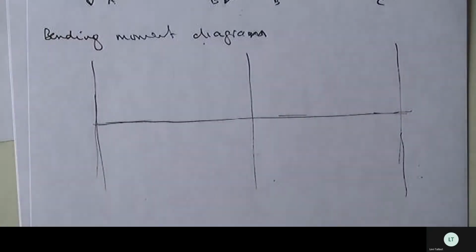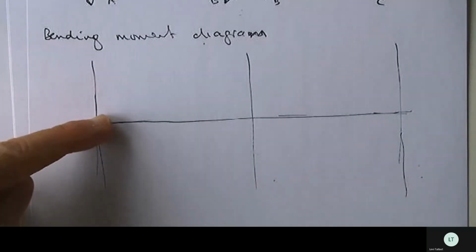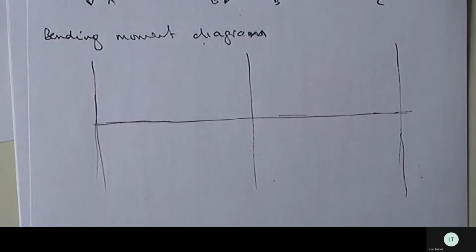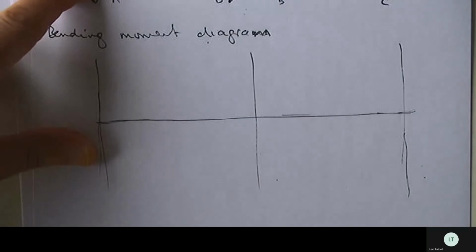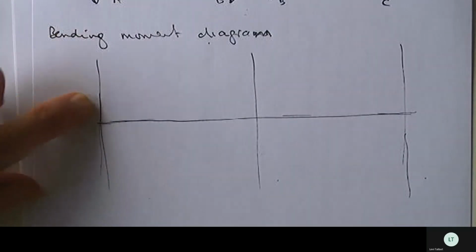When you draw the bending moment diagram, always plot the values on the side of the member where there is tension. I repeat, always plot the values on the side where there is tension. For example, here, the 9.33, do we plot it at the top or bottom?